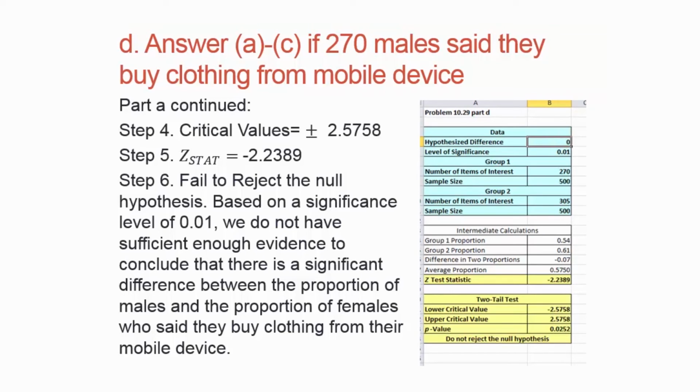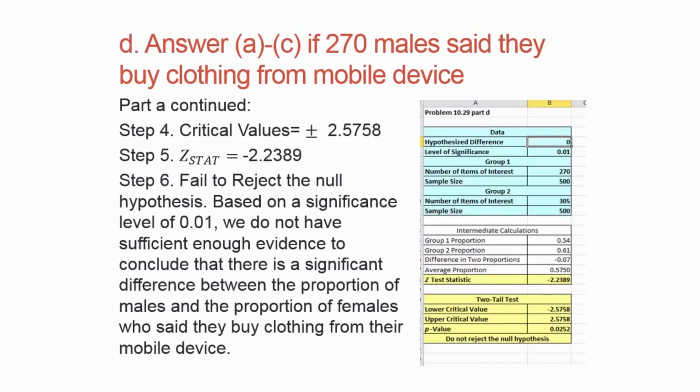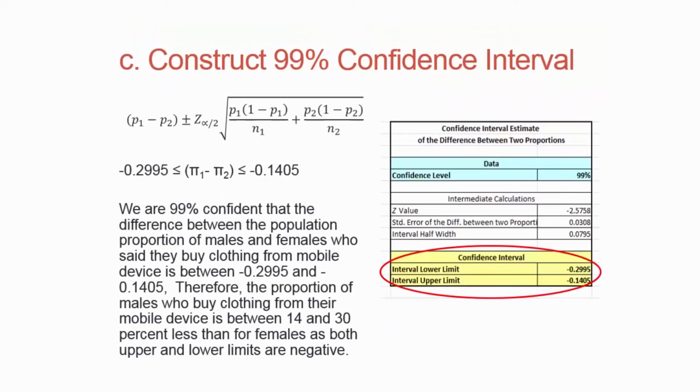So notice I've got 0.01, but I've got 270 instead of what it was before. Let me see what it was. 195 is what it was before. Now it's 270, and this one is still 305, which is the same as what it was before.